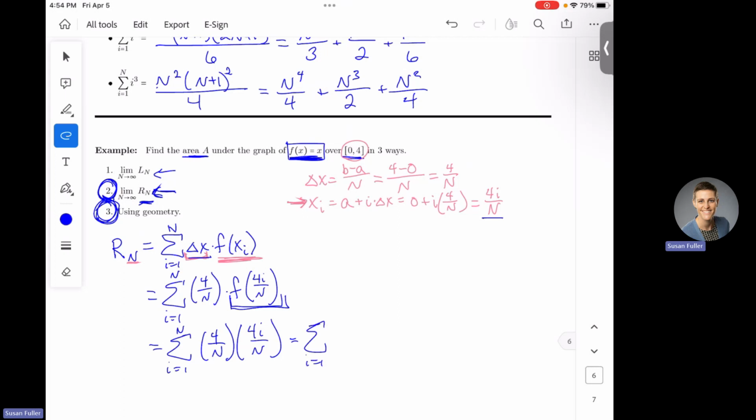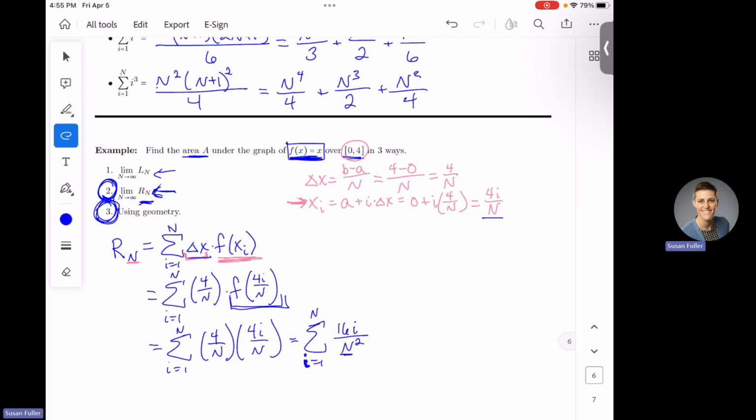So I've got a sum from i equals 1 to n of 16i over n squared. Now, to add this, my variable here in the sum is i. This is my counting variable, and that is the only variable in this sum.